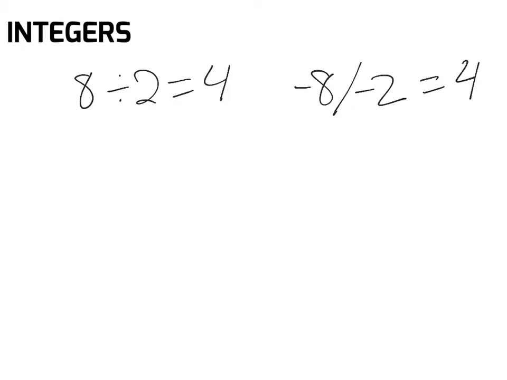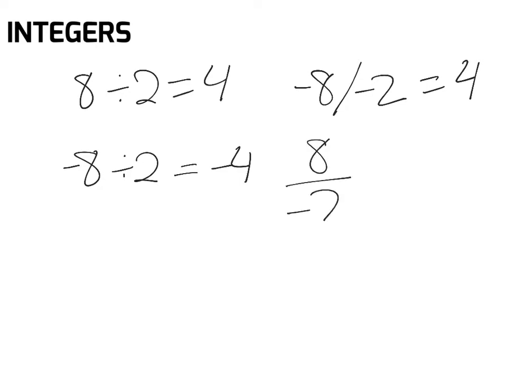An even number of negative signs gives you a positive number, or two integers with the same sign give you a positive number. If I do one of them opposite, negative 8 divided by 2, I'm going to get negative 4. Or 8 divided by negative 2 gives me a negative 4, however you want to do your division symbol. So division follows the exact same rule as your multiplication.